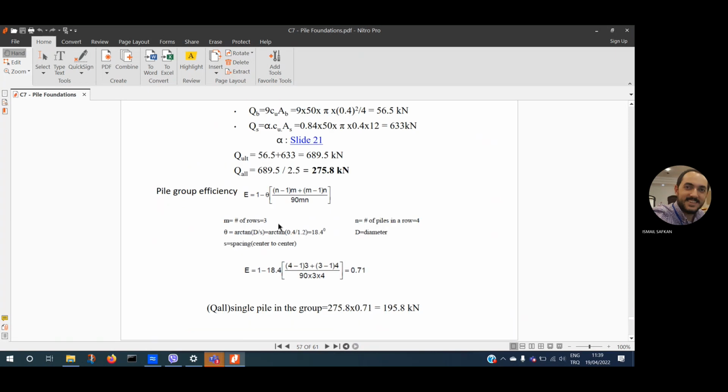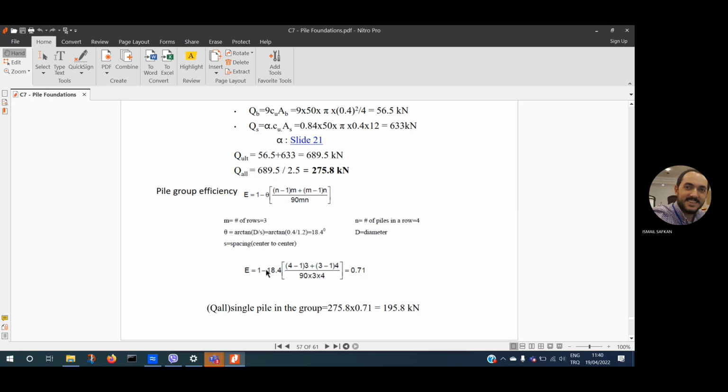We will increase the number of piles. Increasing the number of piles will reduce the efficiency. I'm interested in increasing the efficiency of the pile group.